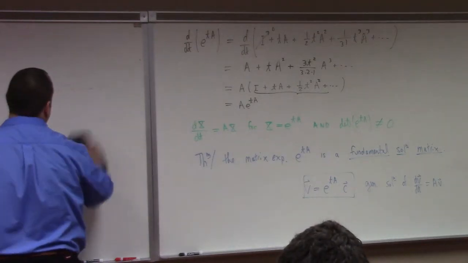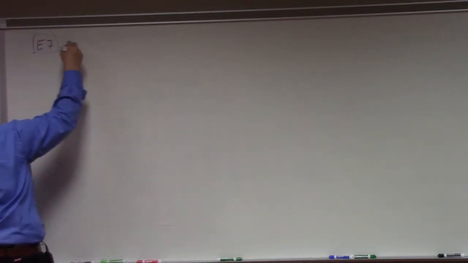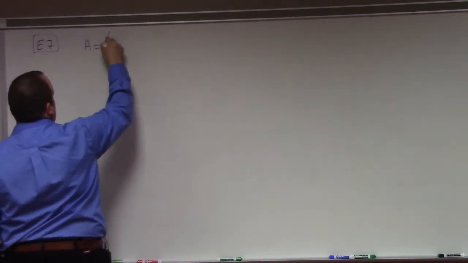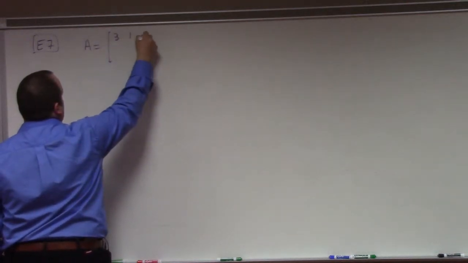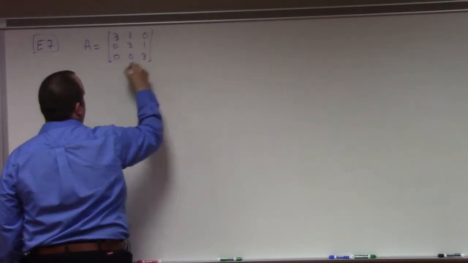Let me show you one. So this is a special example. Here, if I have A equals 3, 1, 0, 0, 3, 1, 0, 0, 3.